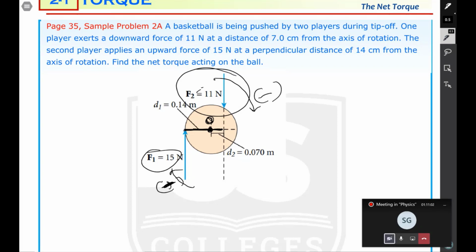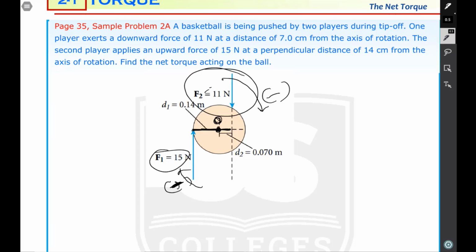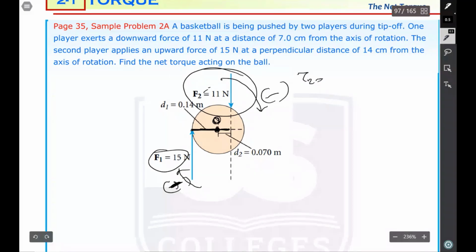If we got the direction, now we are ready for calculating the magnitude. So let's start with F2, torque 2. Torque 2 is equal to F2 times D2 multiplied by sine 90. I don't need to write sine 90 because the angle is 90 degrees, and sine 90 is 1. So it is F2 times D2, negative.